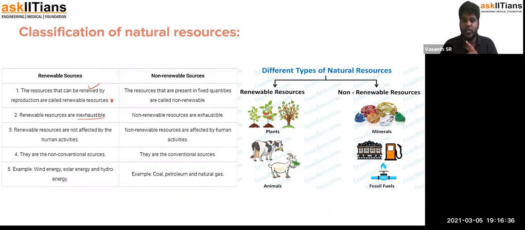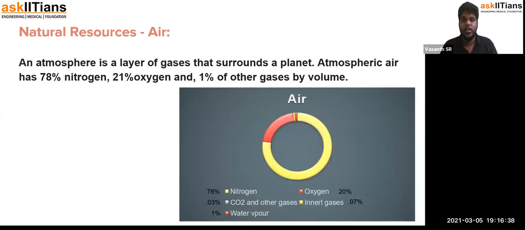The next thing we're going to study is the different types of natural resources. Air is one of the most important components of natural resources available on earth. Air can be made up of different layers or different compositions of gases.